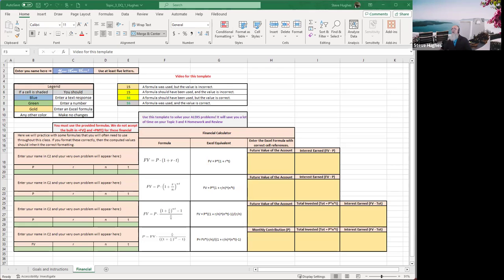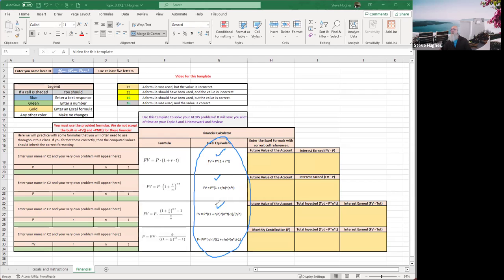Interest. I'm looking right here in the center of the screen. Give me a second to grab my pencil. All right, so I'm talking about right here. The first one, future value simple interest. The second one, future value compound interest. The third one, future value of an annuity.